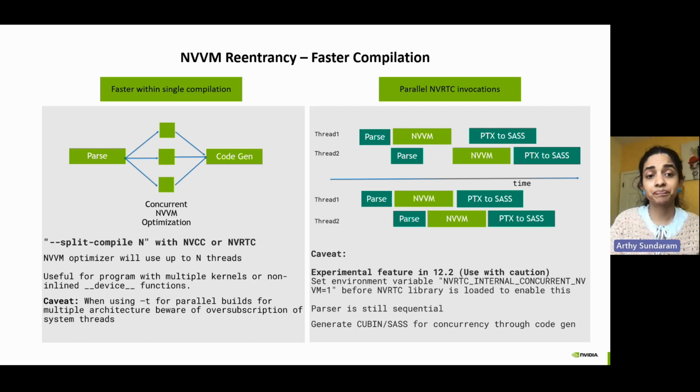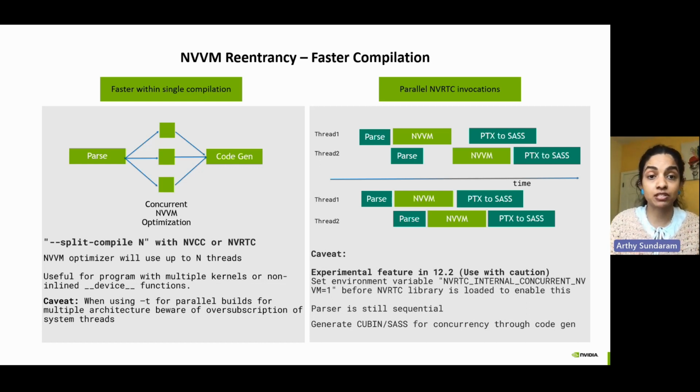And then the last part, which I want to preface by saying: please use this next feature I'm talking about with caution, because it is an experimental feature. As I mentioned, when we introduced JIT-LTO it was kind of called a preview, but I think the definition may be unclear.